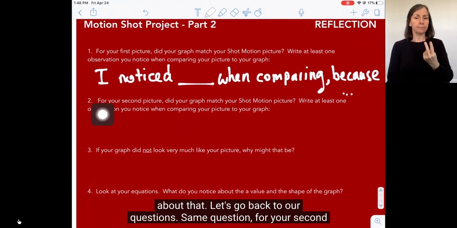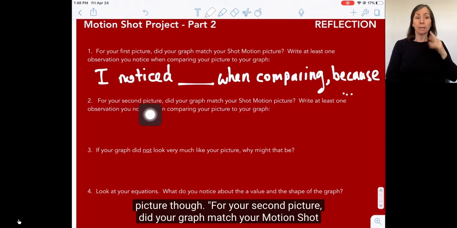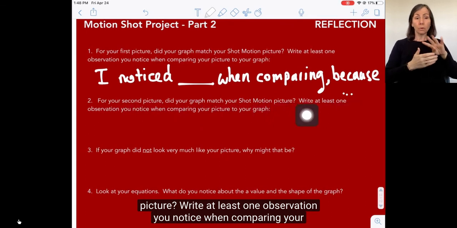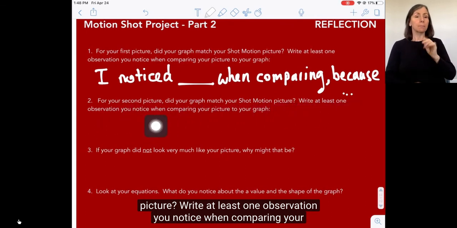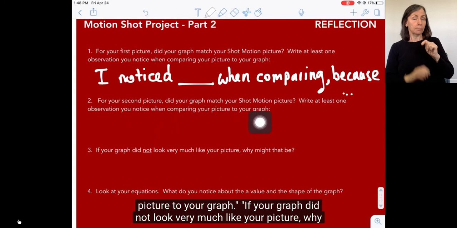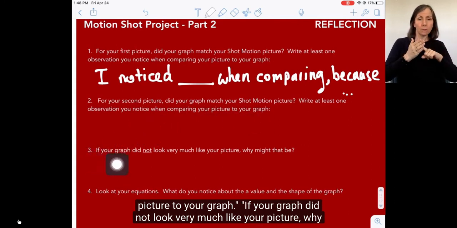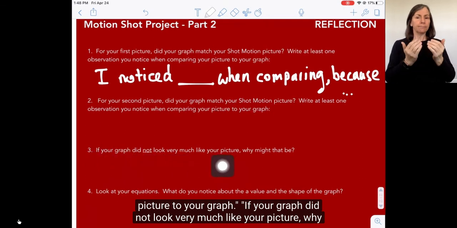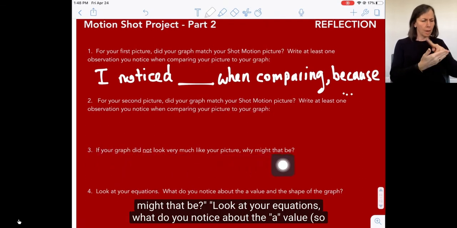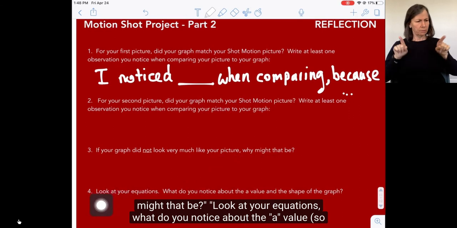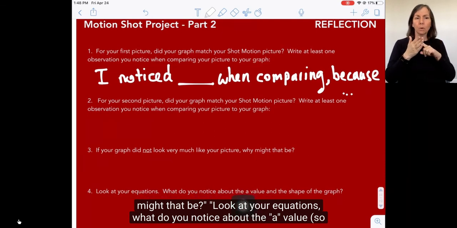Same question for your second picture though. For your second picture, did your graph match your motion shot picture? Write at least one observation you notice when comparing your picture to your graph. If your graph did not look very much like your picture, why might that be? Look at your equations. What do you notice about the A value?